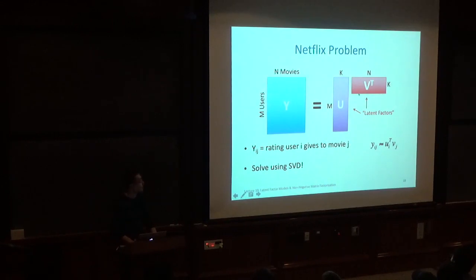In other words, we want to find a low-dimensional U for every user and a low-dimensional V for every movie, so that if we have a linear inner product function between the two, it's a good regression estimate of the rating this user would give this movie, minimizing the squared distance between Yij and Ui transpose Vj.